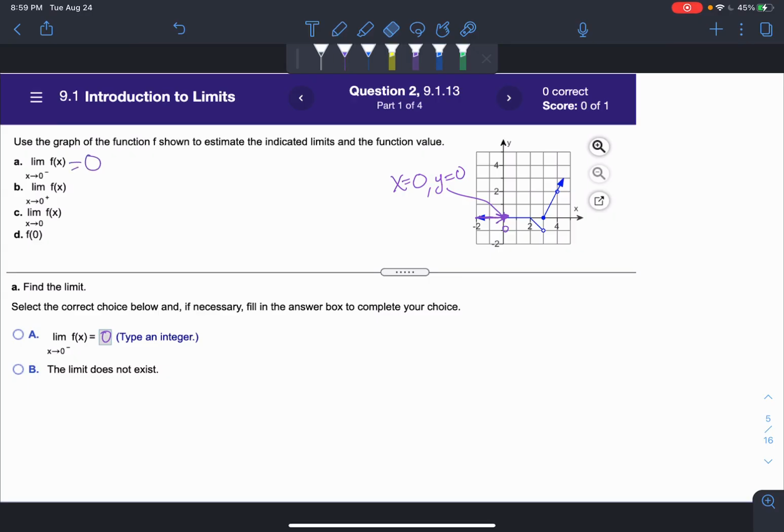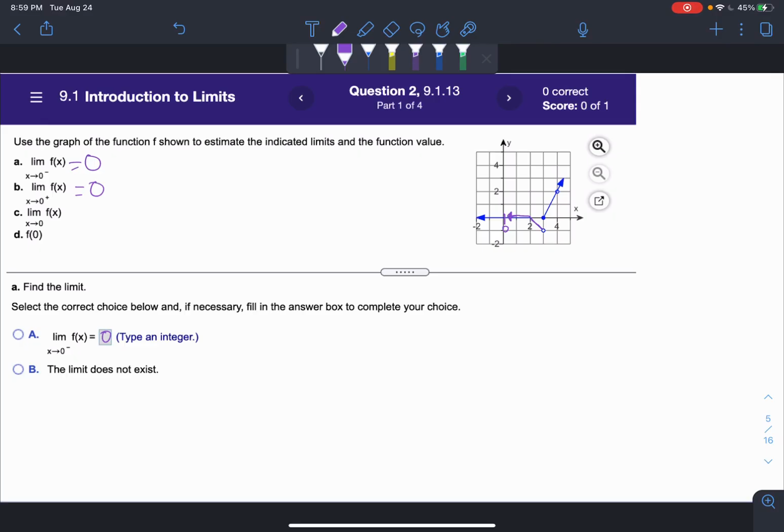So now let's look at what happens to the function when we approach from the right. So I'm going to trace from right to left and see that my function is still approaching 0. All right, so that's what my function value is.